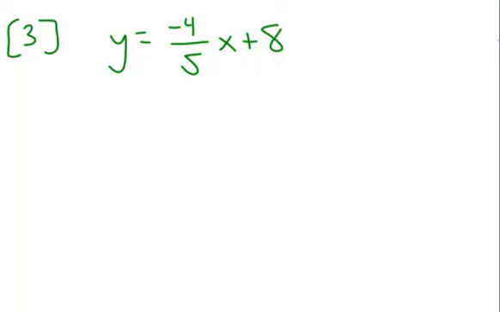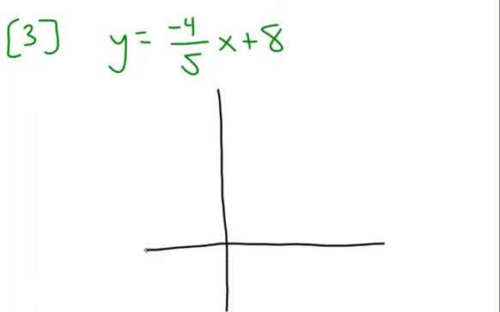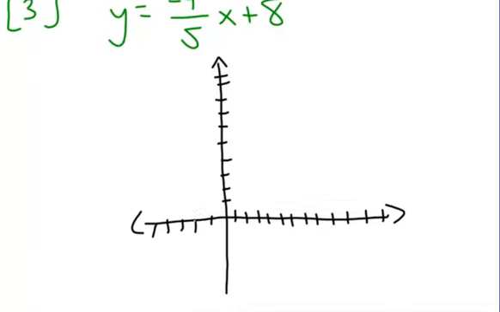So we have y = -4/5 x + 8. So make a graph here. Give myself a lot of room here. 1, 2, 3, 4, 5, 6, 7, 8, 9, 10. And give myself a lot of room here. Okay.